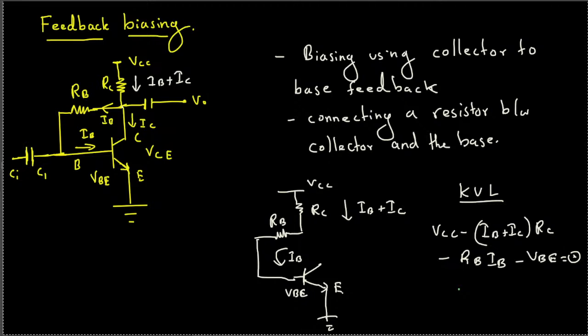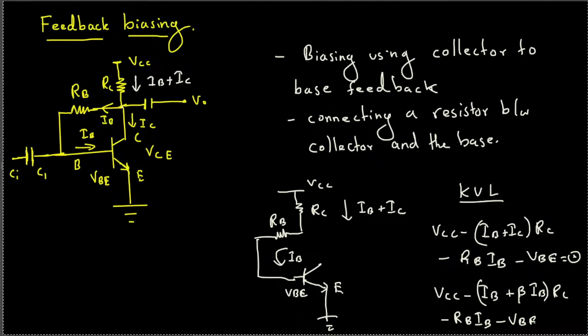If we do that, then this is going to become VCC minus IB, with IC replaced by beta IB, times RC, and the others remain the same, minus RB times IB, minus VBE, that's equal to 0.